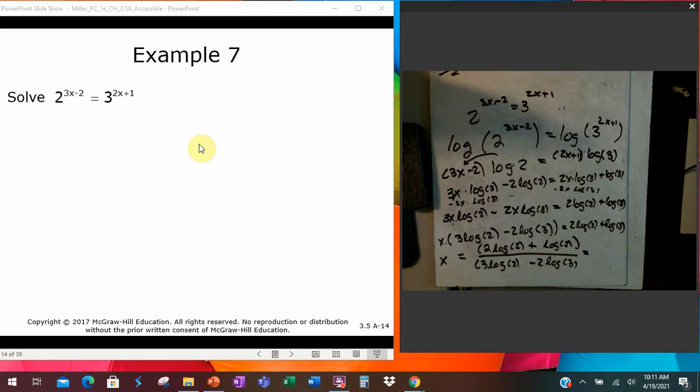And if I do that, I would get log 2 plus log 3 over log 2 minus 2 log 3. And then I would get this being negative 21.097.